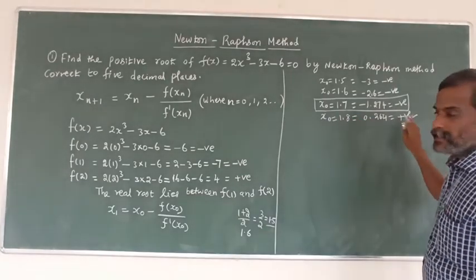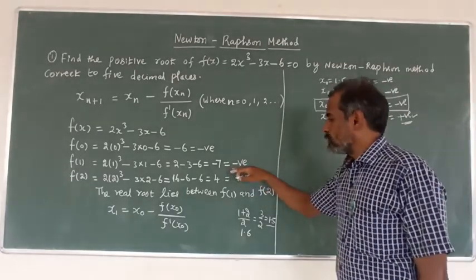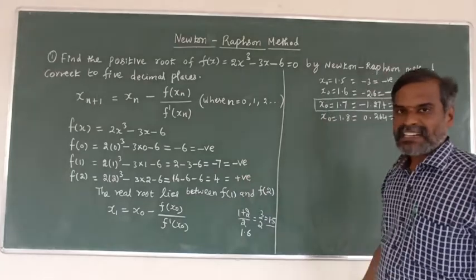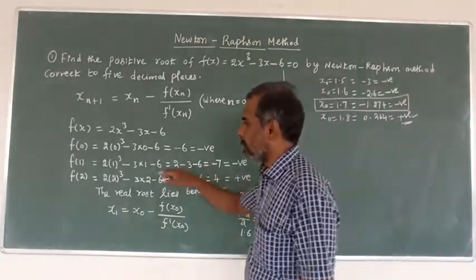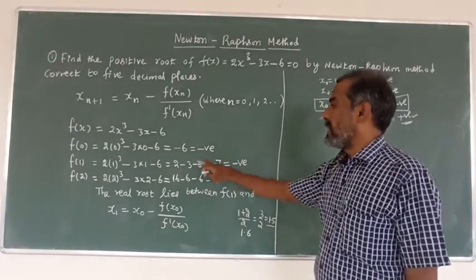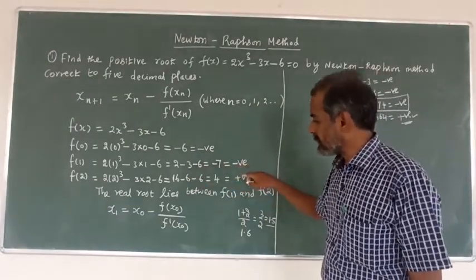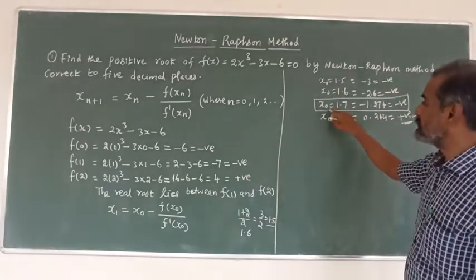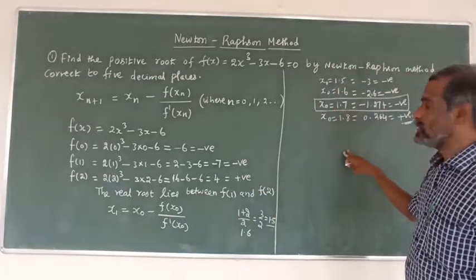We have to get one positive result and one negative result. The positive result is already f of 2, but we take f of 2 and f of 1, and it is not very close to f of 2. We have to find the exact, very close value.